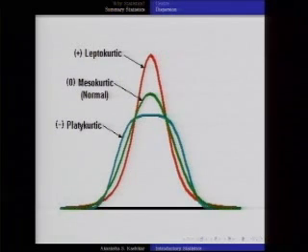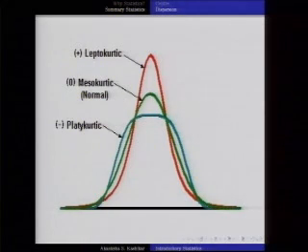So that red thing is known as a leptokurtic curve. One which is normal, meaning understandable, reasonable height and reasonable spread, is mesokurtic. And the third is platykurtic. Platykurtic has shorter height and is a bit flattened.